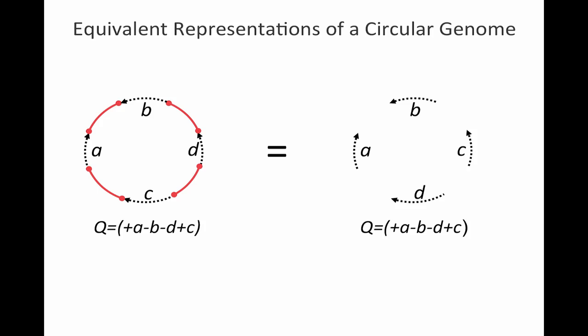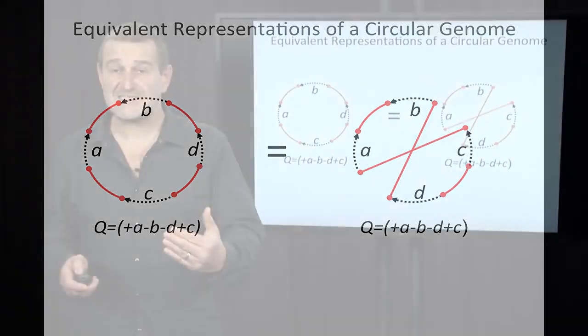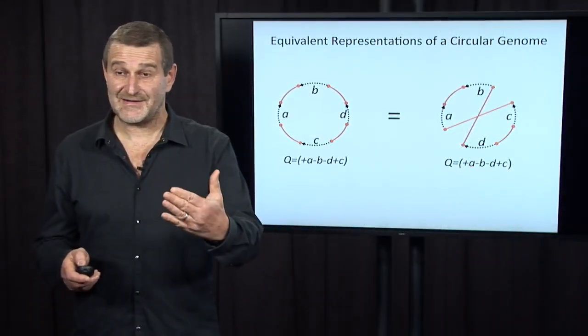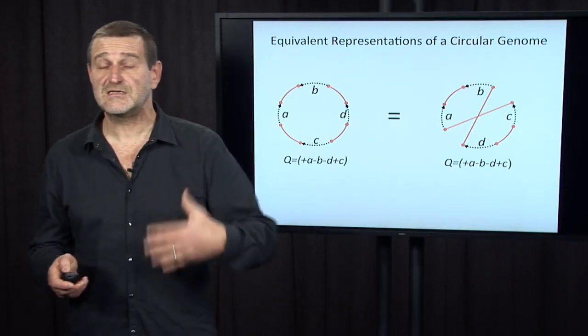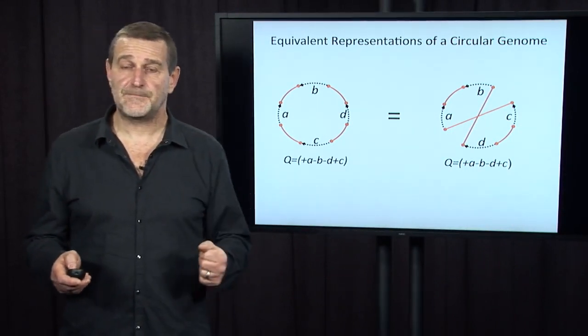Well, after plus A, we should go to minus B. After minus B, we should go to minus D. After minus D, we should go to plus C, and finally to plus A. This is the same genome and the same graph, in fact, the same cycle, just visualized differently.